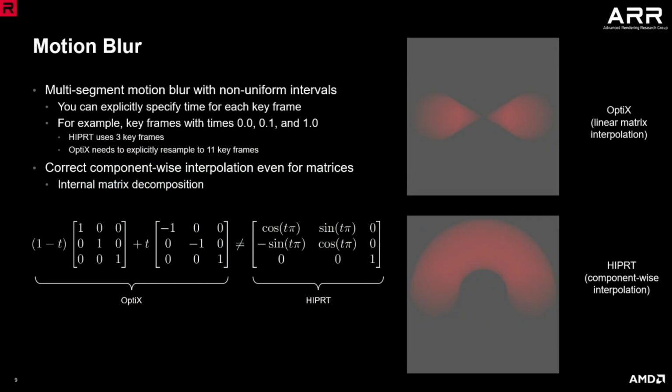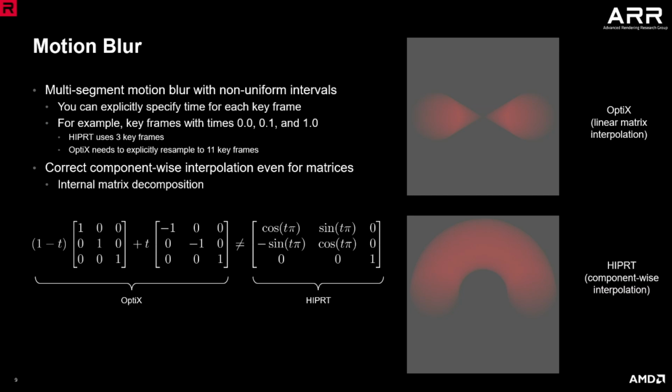The second feature we have is instance-based motion blur. It is multi-segment motion blur with non-uniform intervals. Multi-segment means that we have multiple keyframes for each instance, and non-uniform intervals means that we can specify the time for each keyframe.